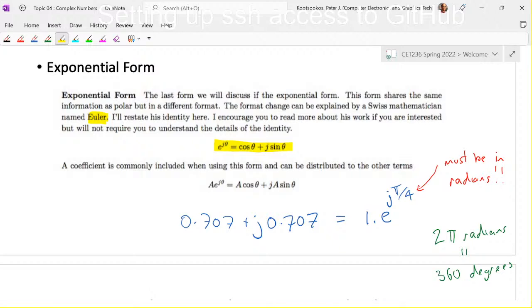So if you have your complex number in polar form, you just plug it into Euler's formula to get it into rectangular or Cartesian coordinates. A cosine theta is the real part, and a sine theta is the imaginary part.